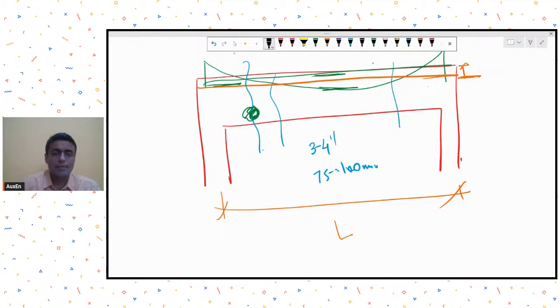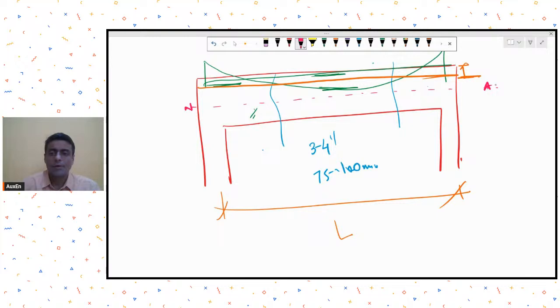Assuming that the neutral axis was somewhere over here, I would typically like to have it somewhere near the point of contraflexure, let's say L by 3 to L by 4.